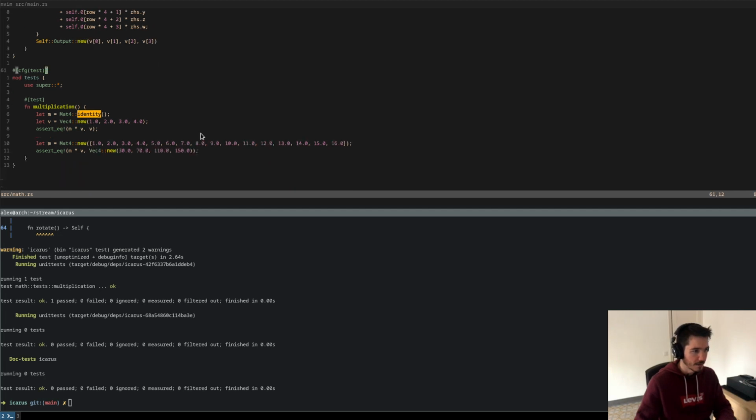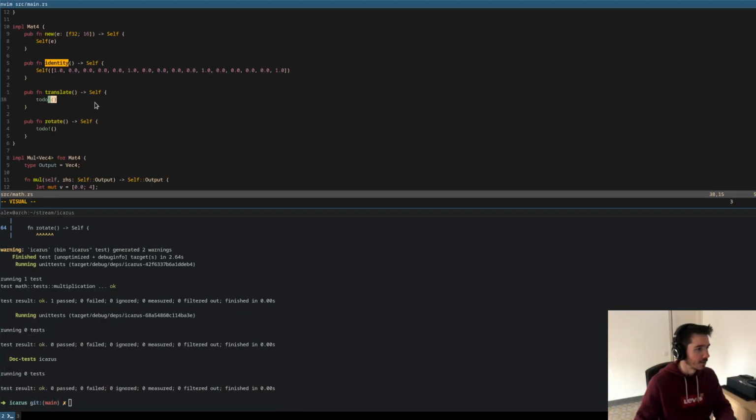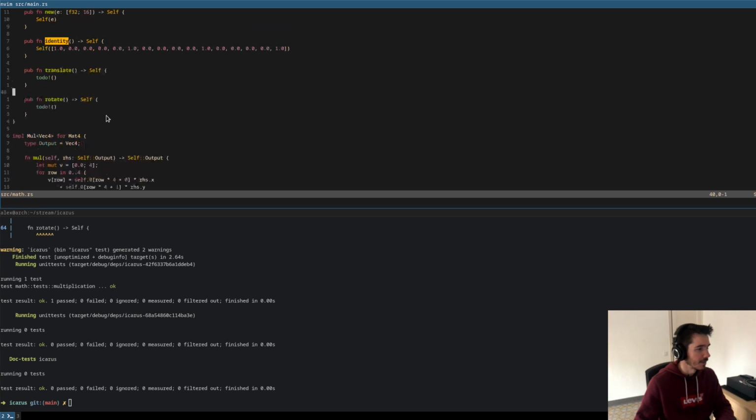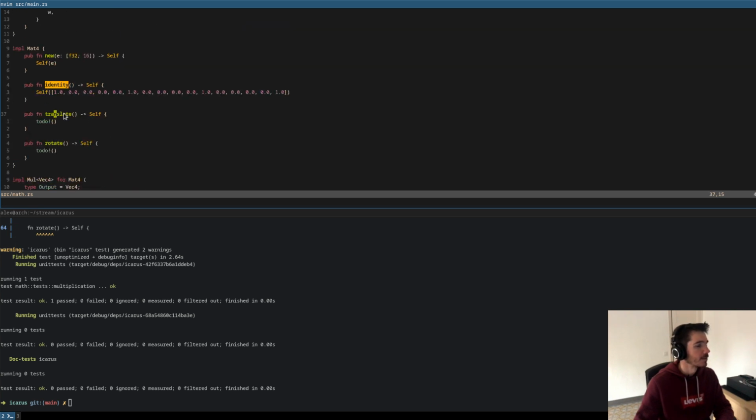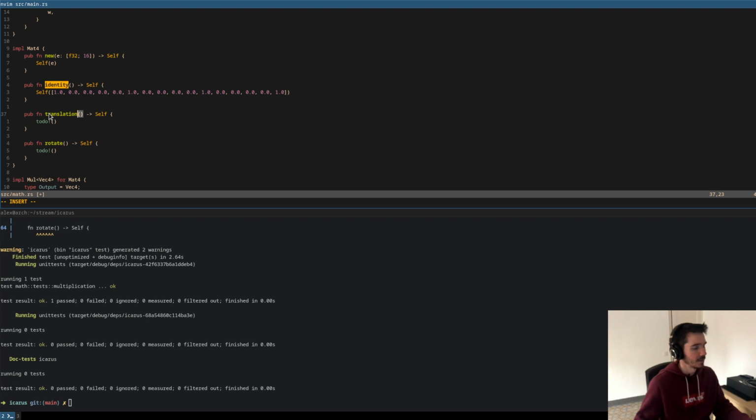And now we can start taking a look at implementing some of these methods. So do we want to name it translate or translation? I think I prefer translation matrix. And it's going to take a vec3.